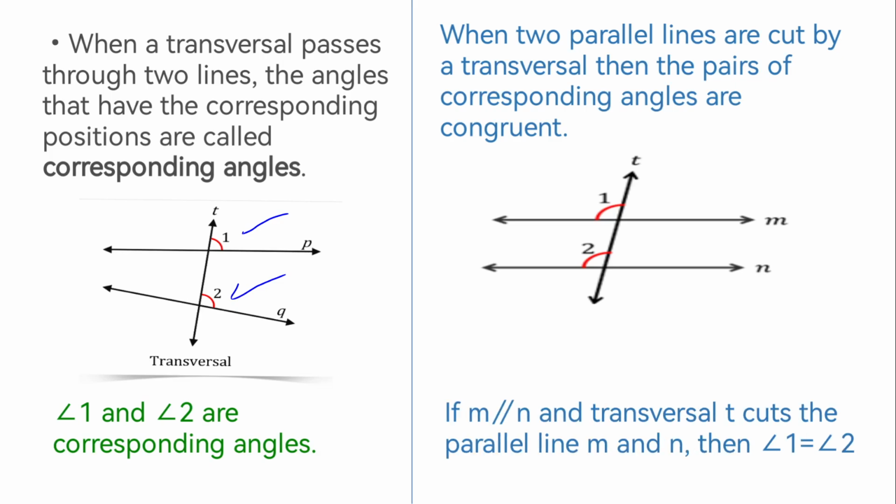So in this figure, angle 1 is congruent to angle 2. In symbols, if M is parallel to N, and transversal T cuts the parallel lines M and N, then angle 1 is equal to angle 2.